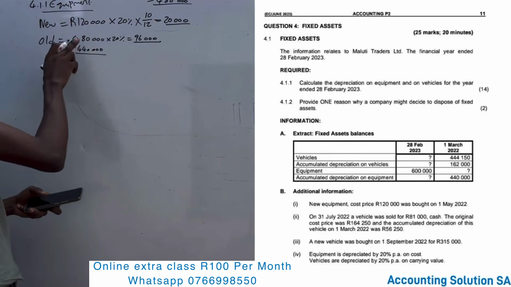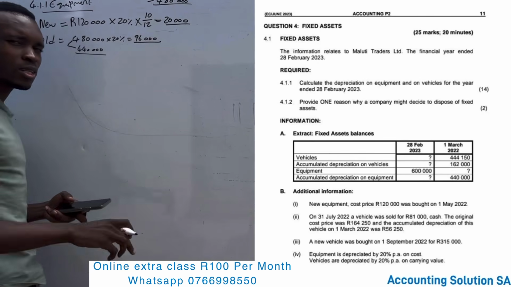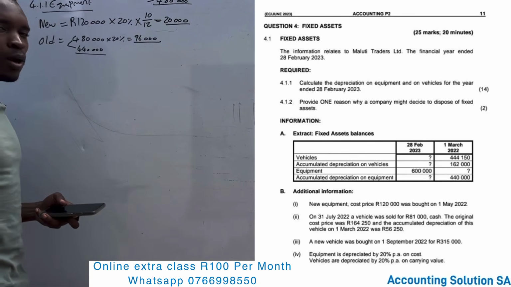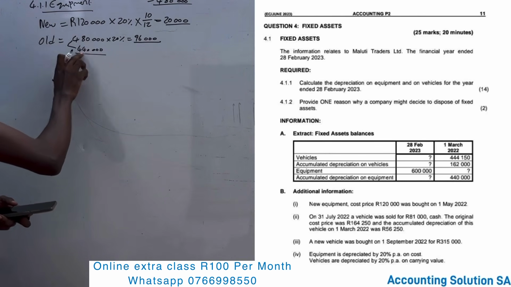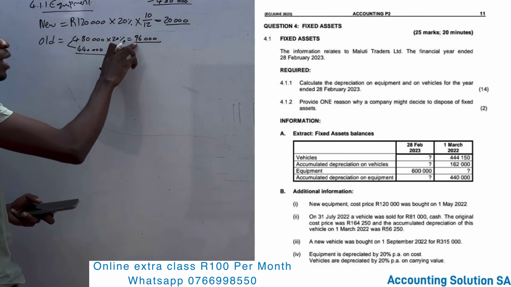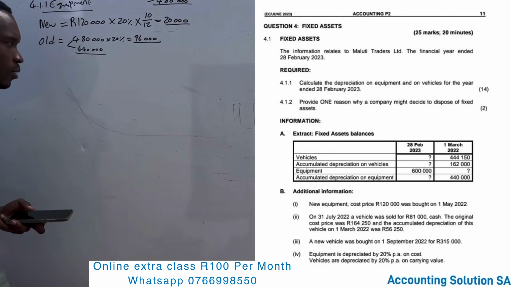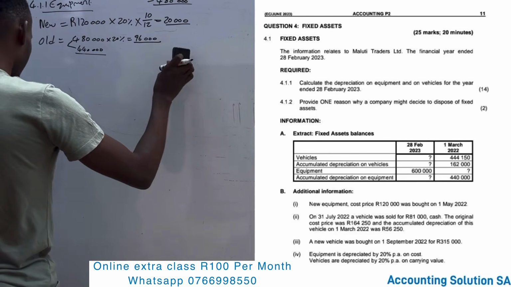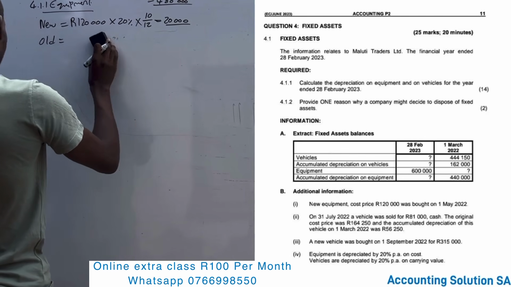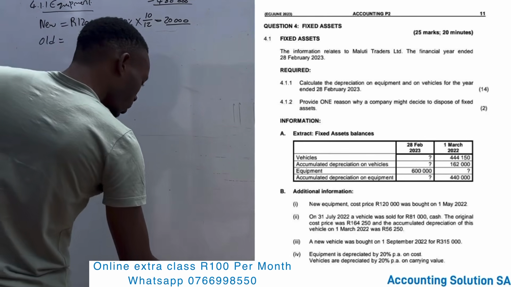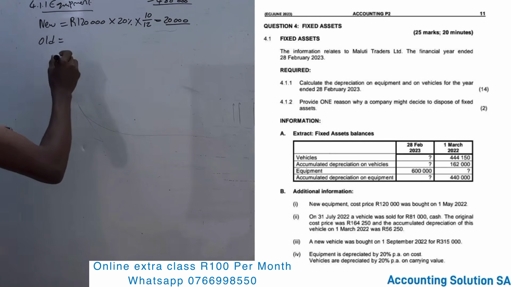So the rule of taking this 96,000 as depreciation is not going to apply, because it's going to exceed our cost price: the 440 of accumulated depreciation of last year and the depreciation of this year is going to give you 500 and something. So in this case we have to use the method of 1 rand. How do we apply this method? It's very simple.